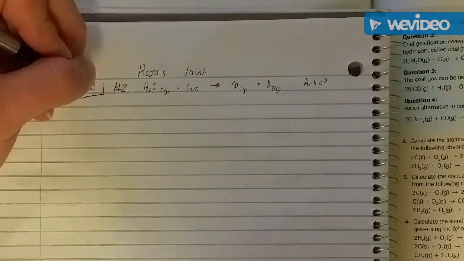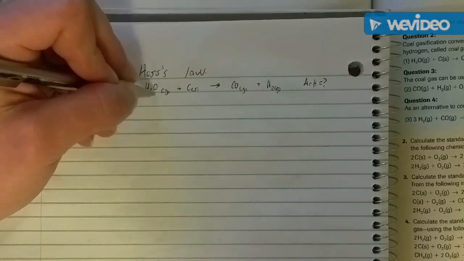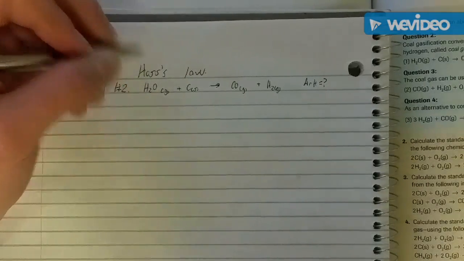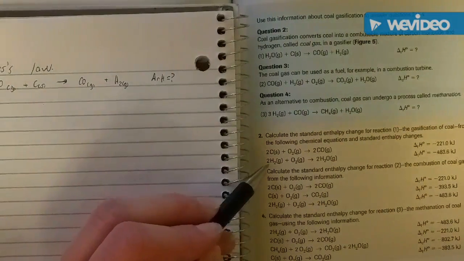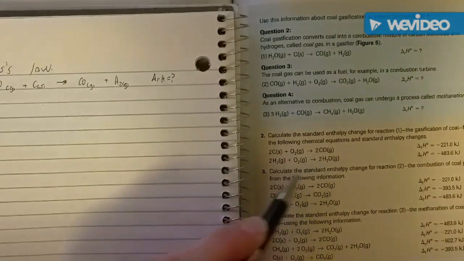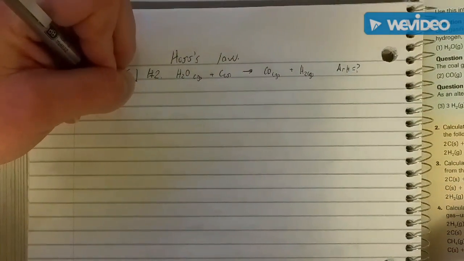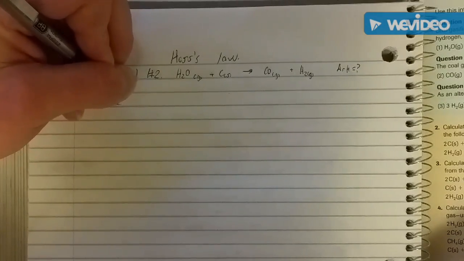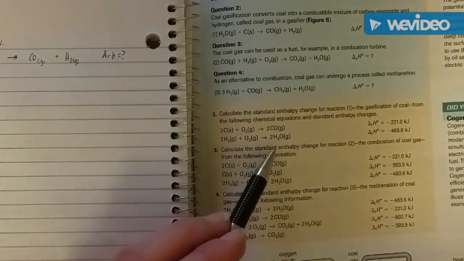So H2O, we realize we have to put it on this side. Now, looking at question 2, we'd realize that we would have to reverse a reaction of H2O to get it on the reactant side, because that's what we need. So we're going to take 2 and also divide it by 2, since it already has 2 H2O.